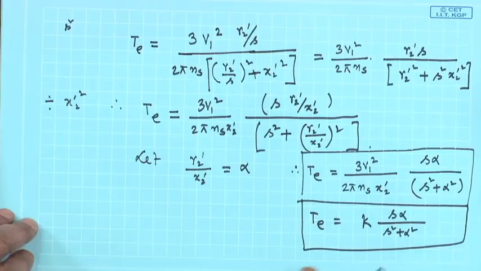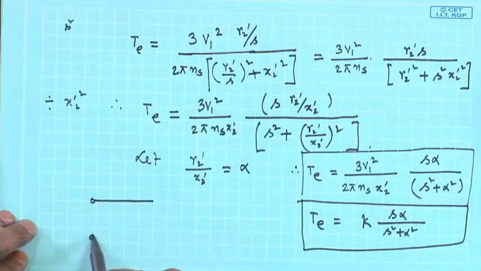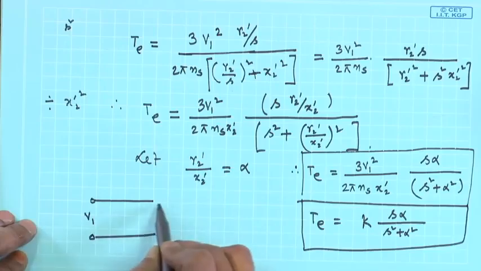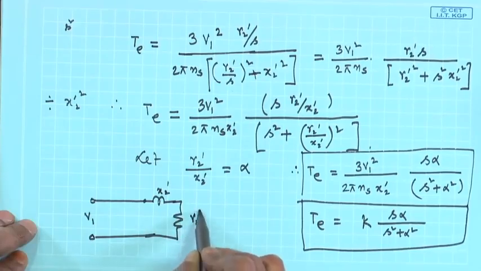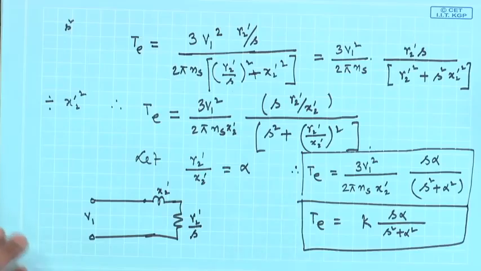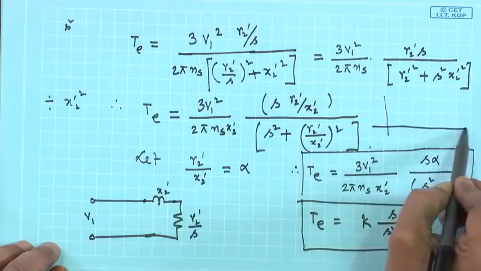Now, in this machine I have neglected the stator impedance, that is, in the equivalent circuit I have assumed all that is not there. The applied voltage is V1 and here it is only X2 dashed and R2 dashed by S. Now, at any slip I will be able to calculate the torque, and if you plot S versus T, it will be the same shape like this.